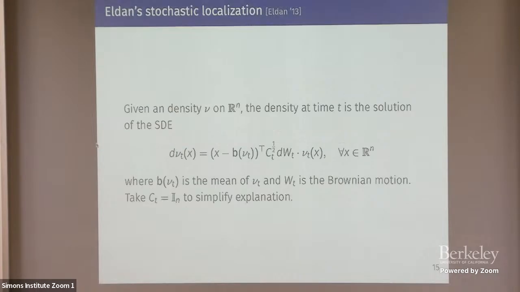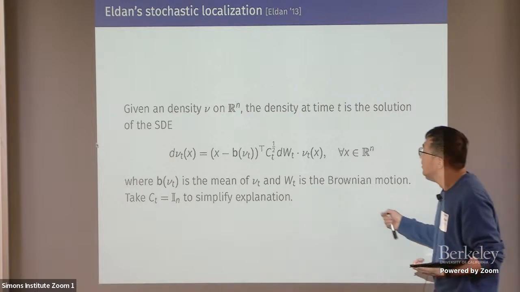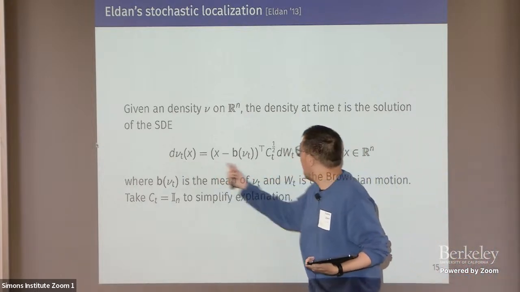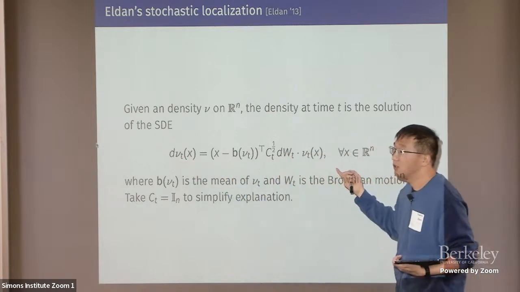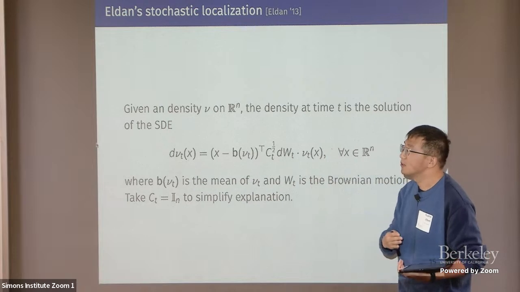You have seen in Nima's talk that stochastic localization is a way to transform a measure that is living in an n-dimensional space. The way that a measure transforms is that in each coordinate x, it satisfies this stochastic differential equation. But you have many stochastic differential equations.